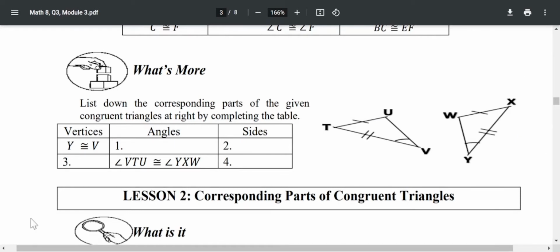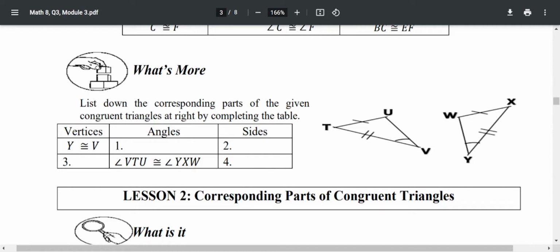So in the vertices first, vertex Y is congruent to vertex V. So the next vertex that is congruent, look at our illustration, vertex U is congruent to vertex Y.